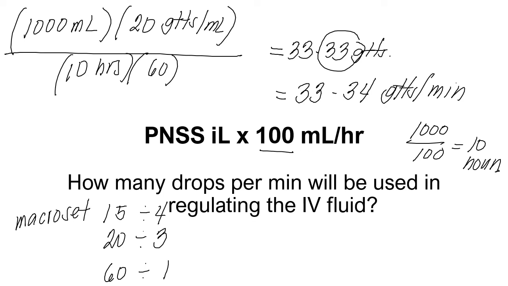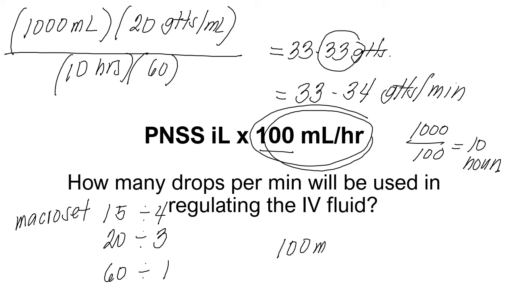What do I mean by this? You focus on the amount of fluid that will be administered within an hour. In this case, the amount of fluid to be administered within an hour is 100 ml per hour. Since we are using the drop factor of 20, the shortcut is divide by 3.